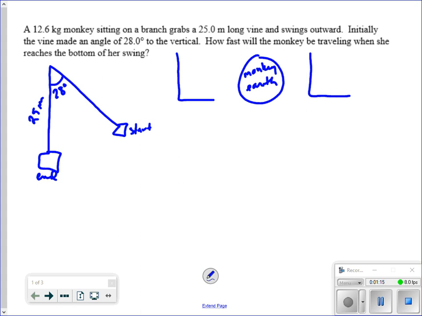When the monkey is here, where you start, if we assume that this is our height of 0, then we have some height off the ground here. So we're looking at potential energy, and that's really the only one we have, and for the sake of room, I'm just going to leave the other ones out.